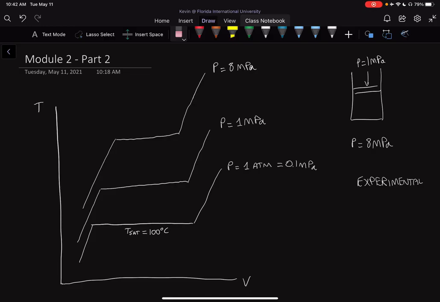Now, we can do all these experiments at many, many different pressures, and we can come up with a curve that can be fit through all these points right here. So our curve looks something like this. And all these experiments are done with water.